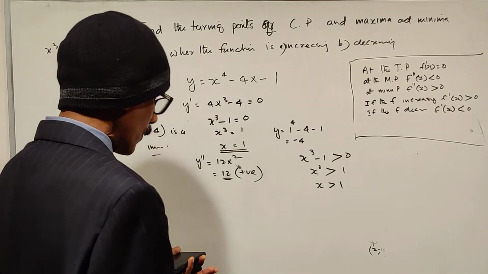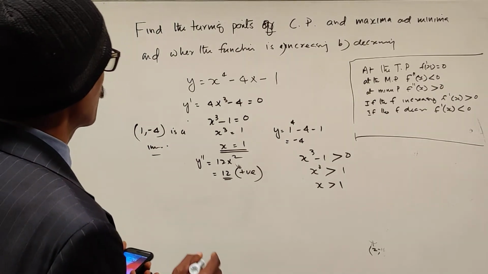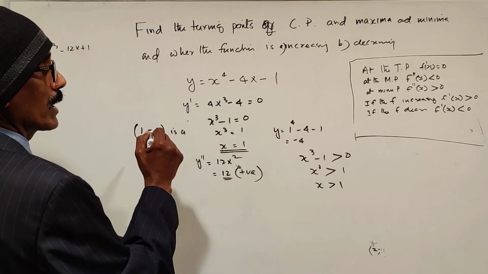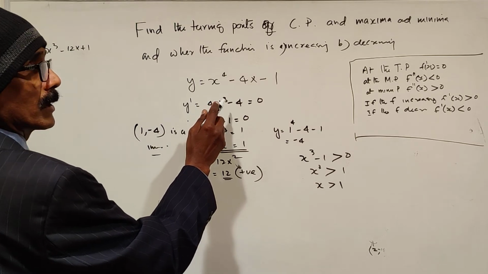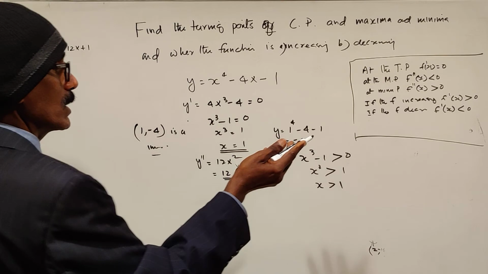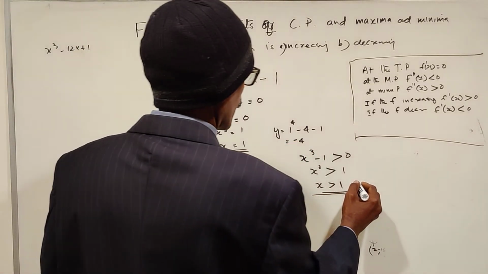Right? So what are the values greater than 1? Just put 2. 2 cube, 8. 8 times 4, 32. 32 minus 4 is a positive number. So this one is right. X is greater than 1.